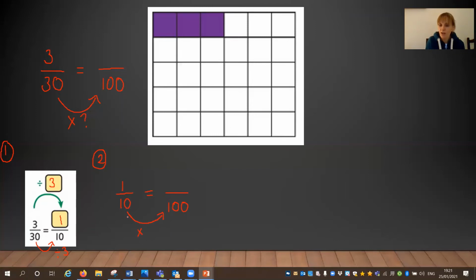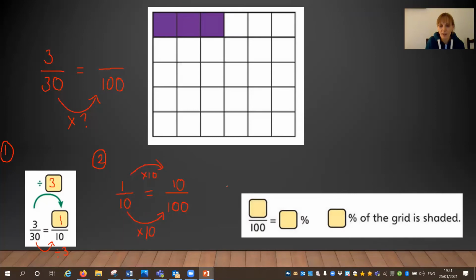So what can I times 10 by? 10 times 10 would give me 100, wouldn't it? So that means I've got to multiply my numerator by 10. So 1 times 10 is 10, and down here we've already got it over 100.